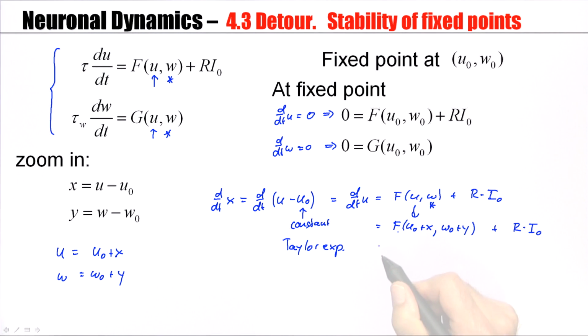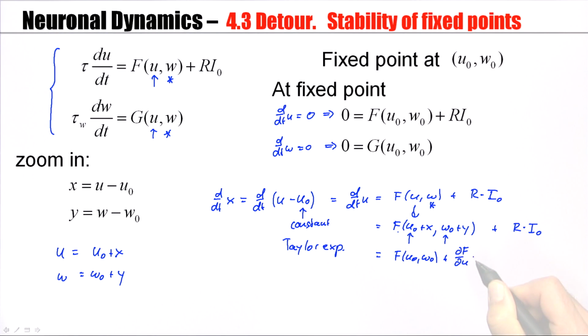The Taylor expansion gives the evaluation at u0, w0, f of u0, w0, plus df du, the first derivative, evaluated at u0, w0, times x, plus df dw, evaluated at u0, w0, times y.